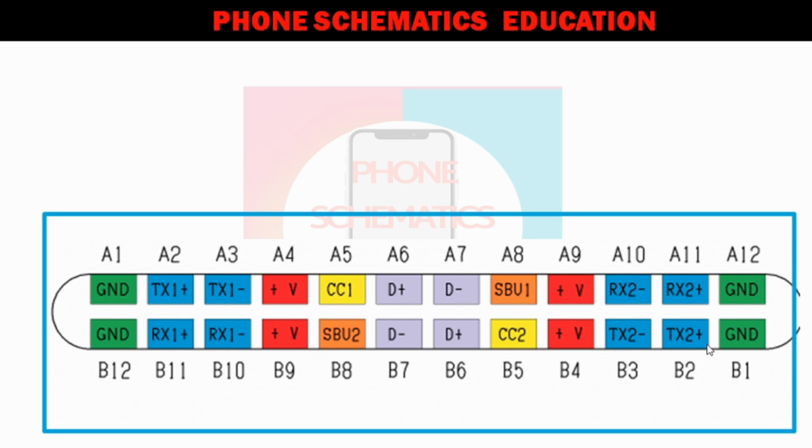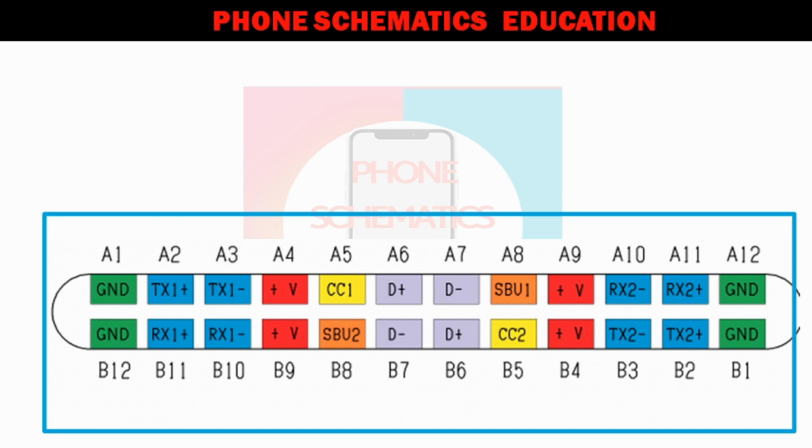These 4 pins work as a pair. Now these 8 pins you will see in a 24 pin jack mostly, and these 8 pins have data speed up to 10 Gbps to 20 Gbps, right? Now these are ground pins. I hope you understood each and every pin in detail, right?